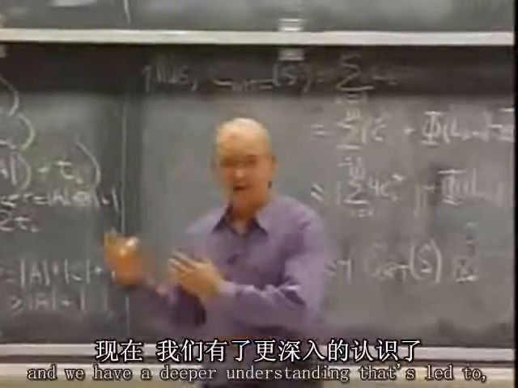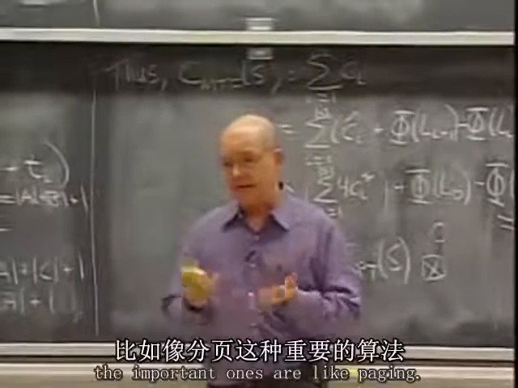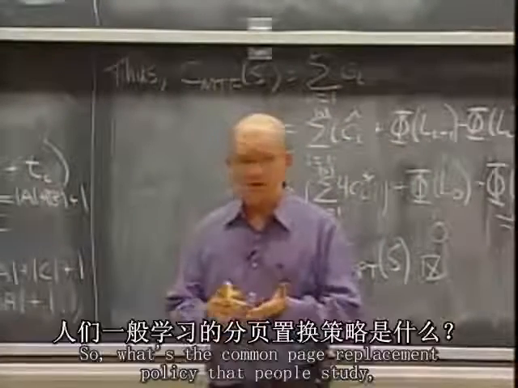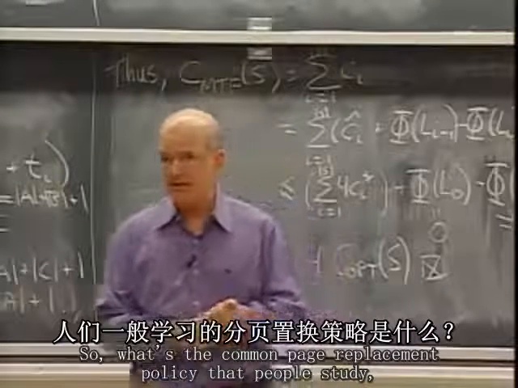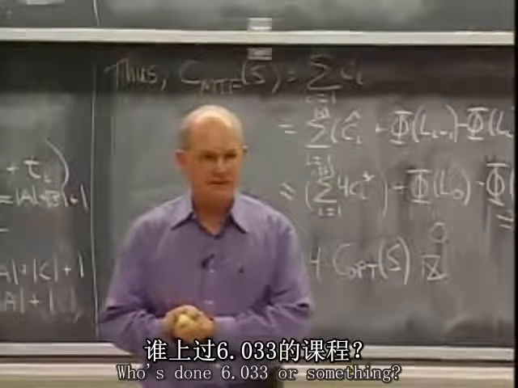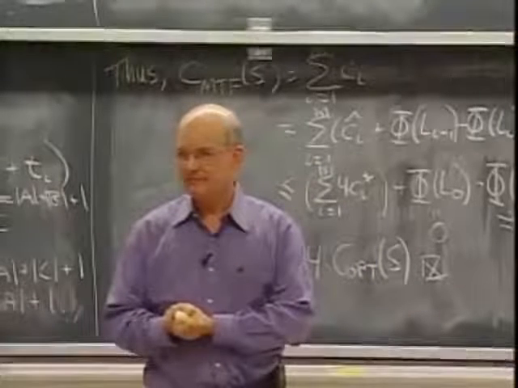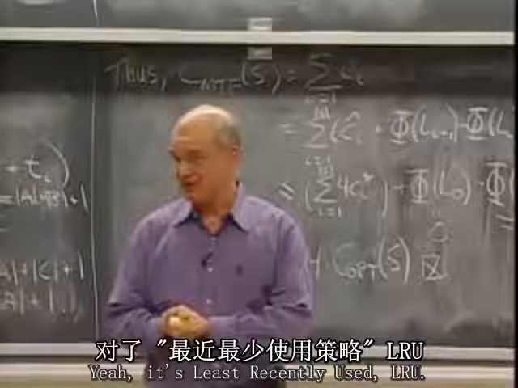And we have a deeper understanding that has led to many algorithms for things like paging. What's the common page replacement policy that people study, that people have in most operating systems? Who's done 6033? Yeah, it's least recently used, LRU.